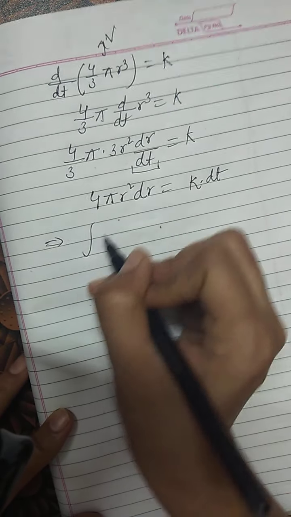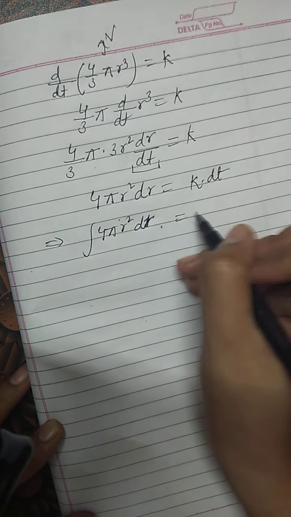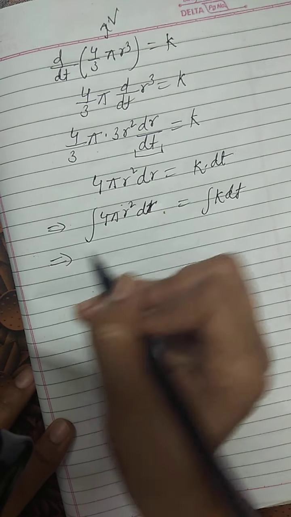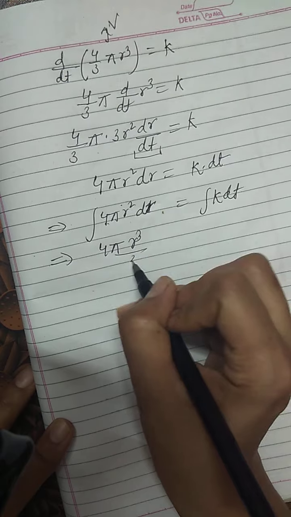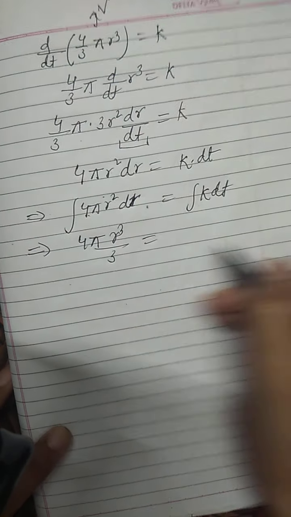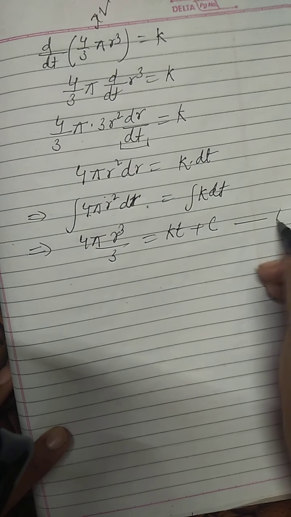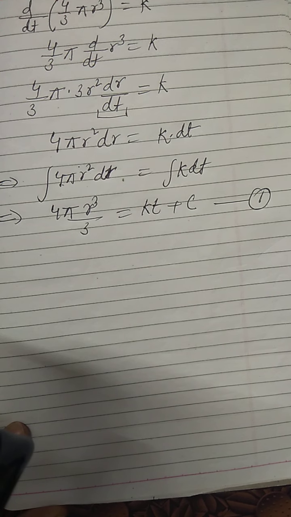The integral of 4 pi r square dr equals the integral of k dt. So it will be 4 pi r cube divided by 3 equals k into t plus a constant of integration. We will mark it as equation number 1.